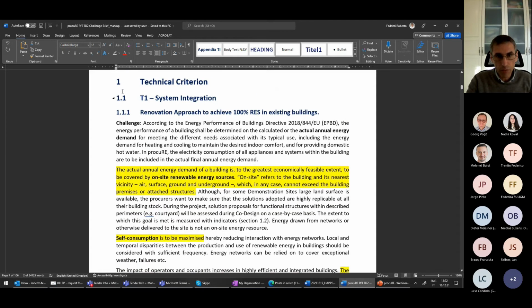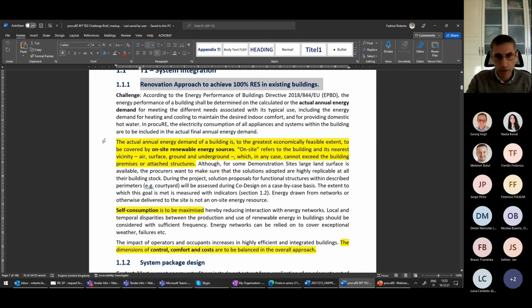So in section 1, the technical criterion, you have a number of subsections as the building blocks, starting from the approach challenge.